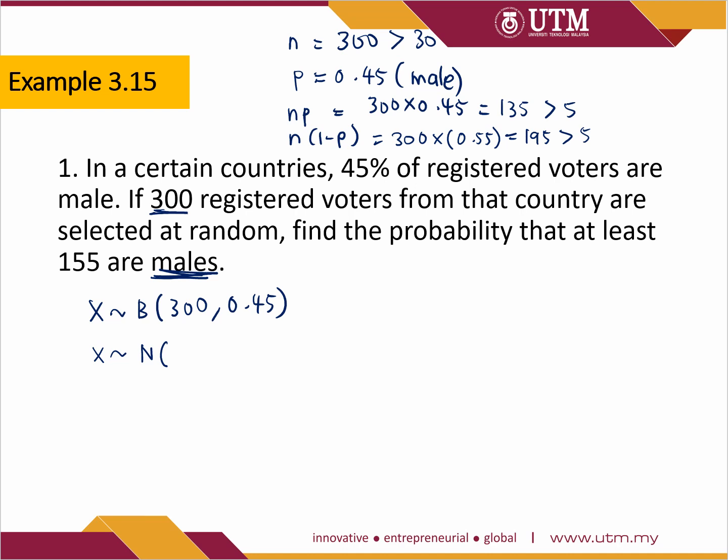So given the mean is np, and the variance is npq. So the normal would have np equal to 135 and npq, or np times 1 minus p, given as 74.25.